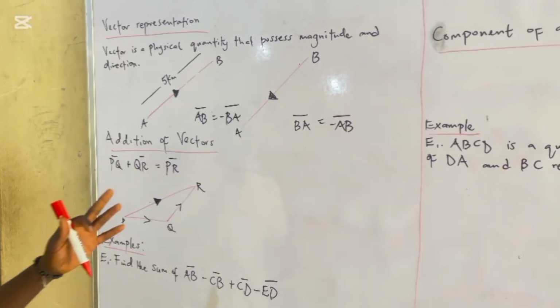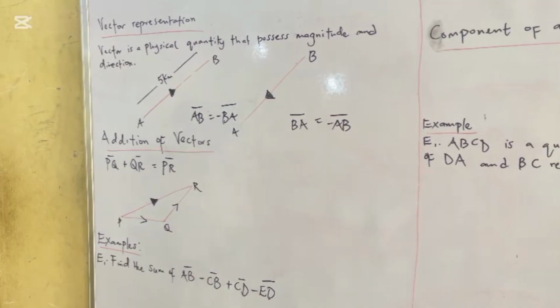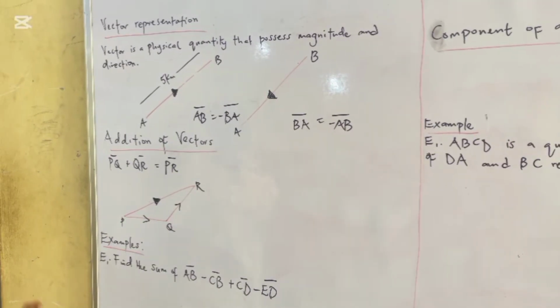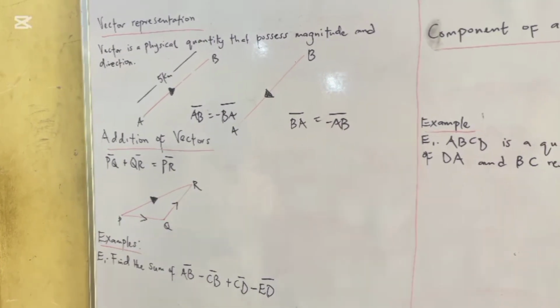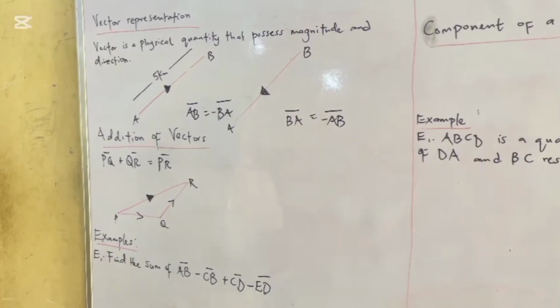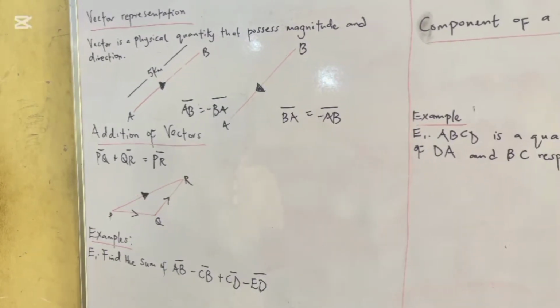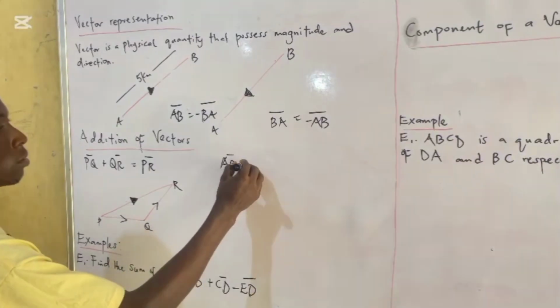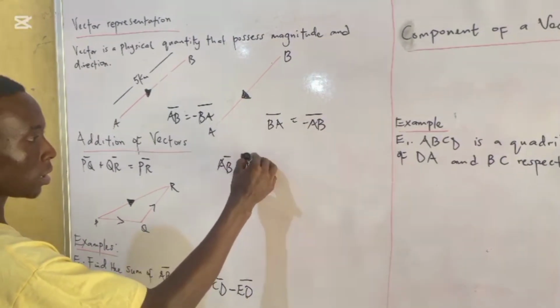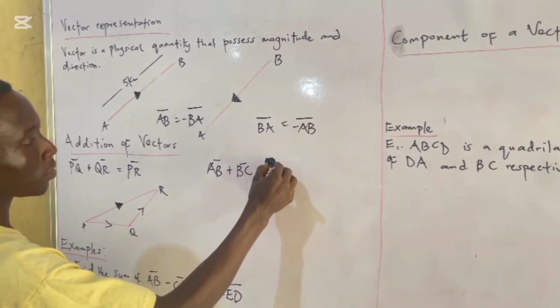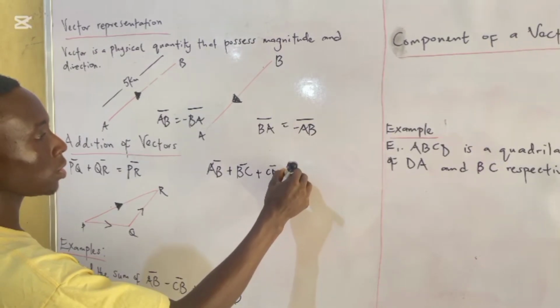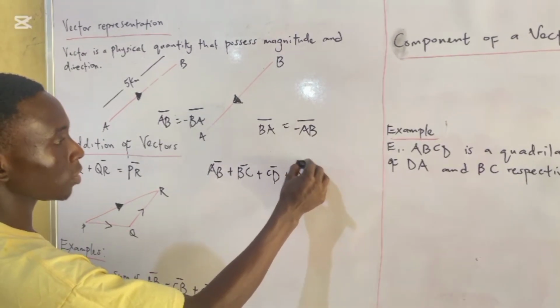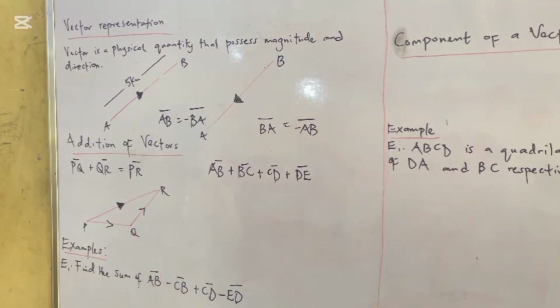So that's for that. And let's take in consideration also some vectors that do accumulate. We have accumulative vectors. For example, let me take vector AB plus BC plus maybe CD and DE. It's accumulative.